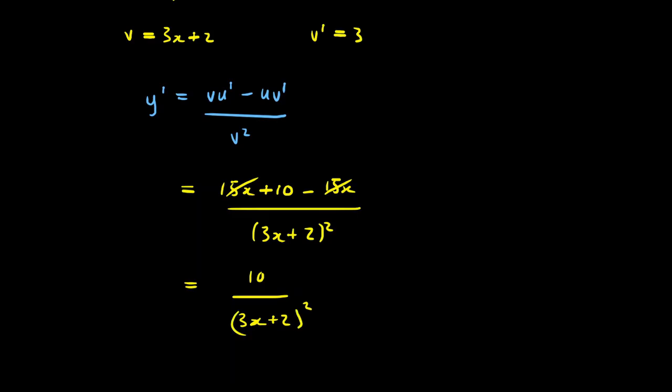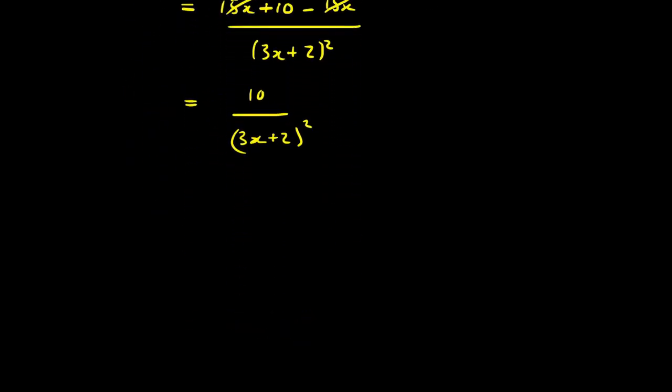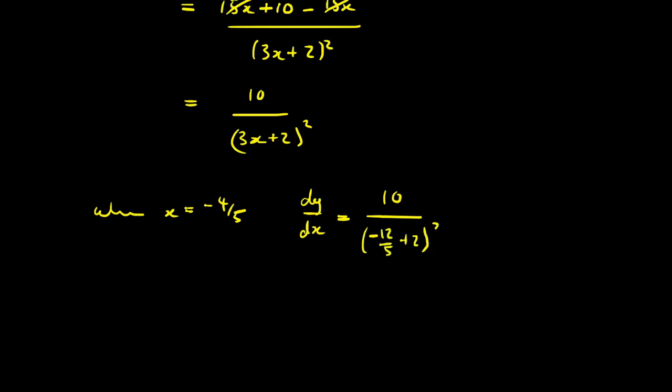Well, now we're interested in the coordinate when x is equal to negative 4/5. So let's just substitute that in. When x is equal to negative 4/5, then our dy dx is going to equal 10 divided by 3 times by negative 4/5, which is minus 12/5, plus 2 all squared.